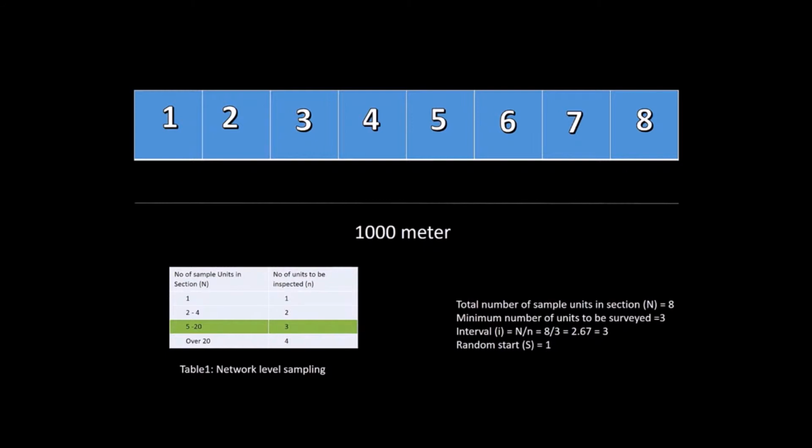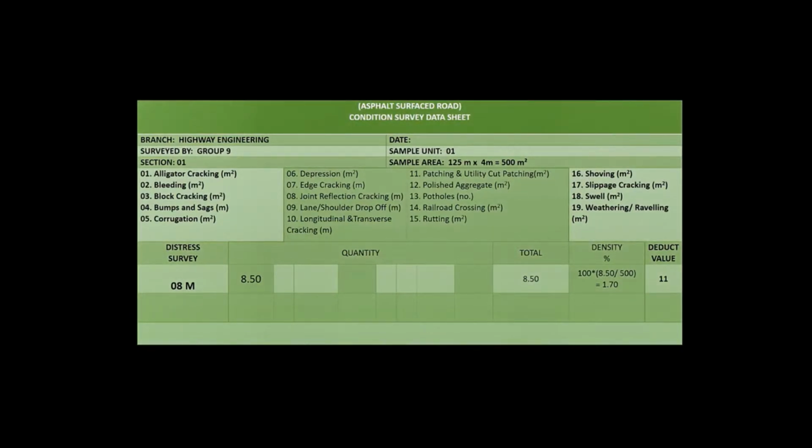The calculation for the interval is the total number of sample units in the section divided by the minimum number of units to be surveyed, which is X divided by 3, and we get 3. After that, we randomly start at 1, and then we get the survey sections 1, 4, and 7.